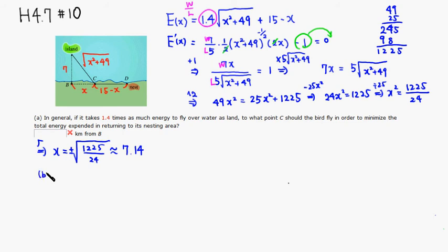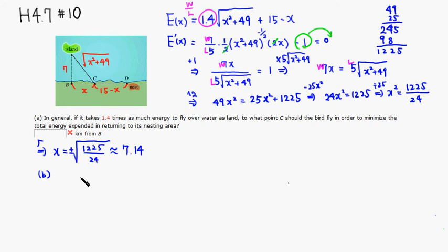So for part B, we have WX is equal to L square root of x squared plus 49. Oh, actually, sorry, I'm going to step back a bit. The step before is a little bit better, so I'm going to go back to that.